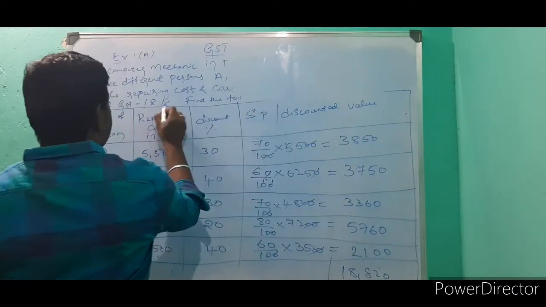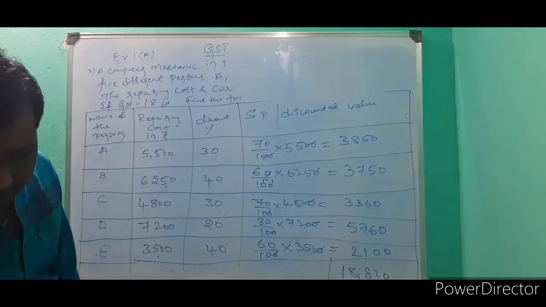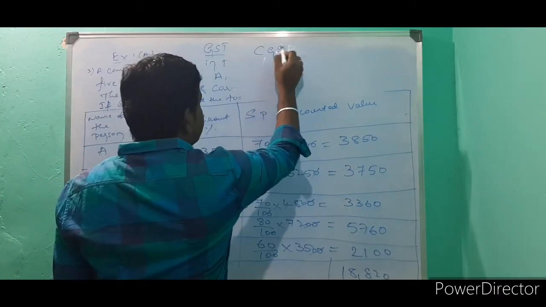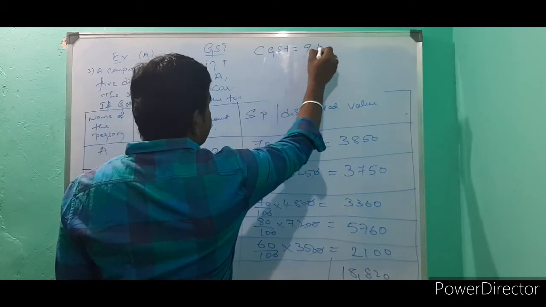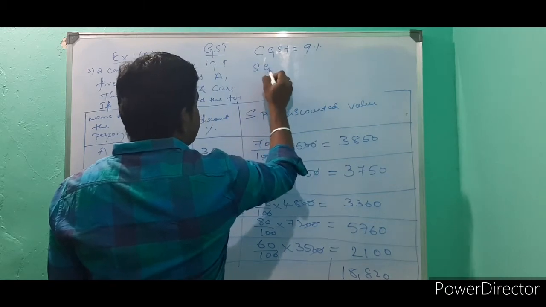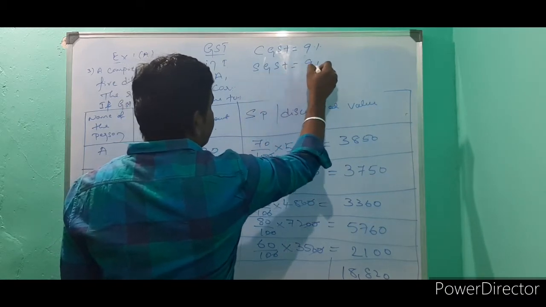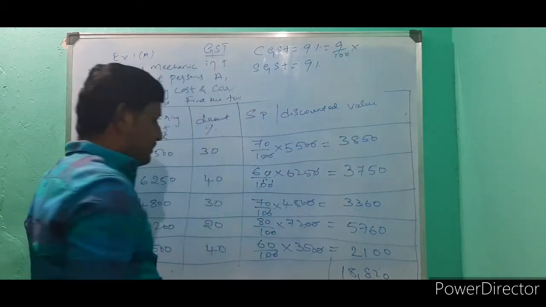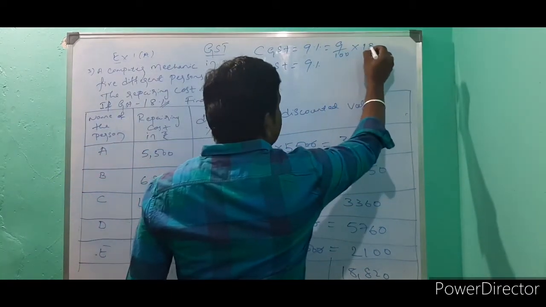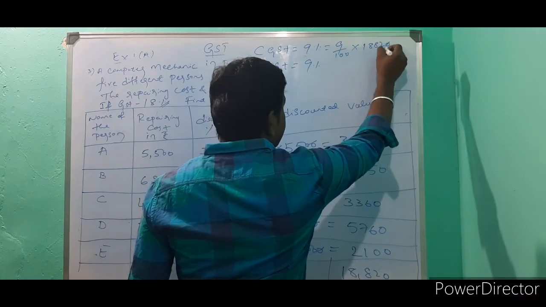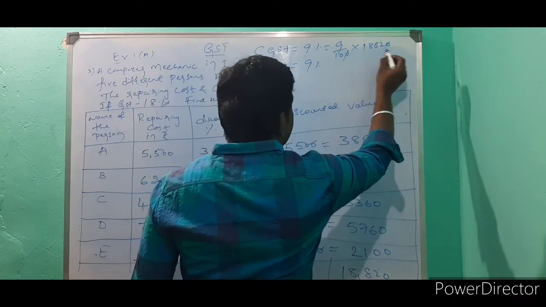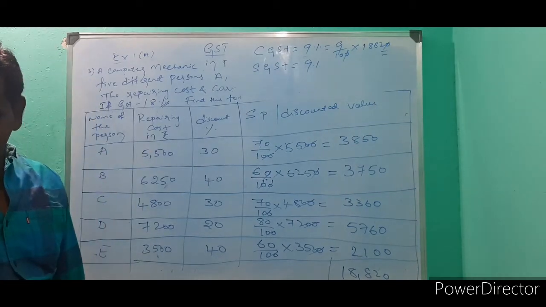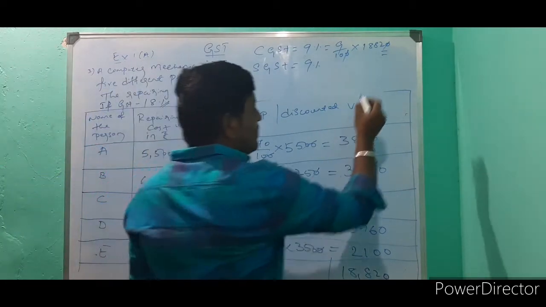So GST is 18%. We have to divide it into CGST 9% and SGST 9%. 9 divided by 100 into 18,820. 0 get cancelled. If you do multiplication, the answer is 1,693.8.